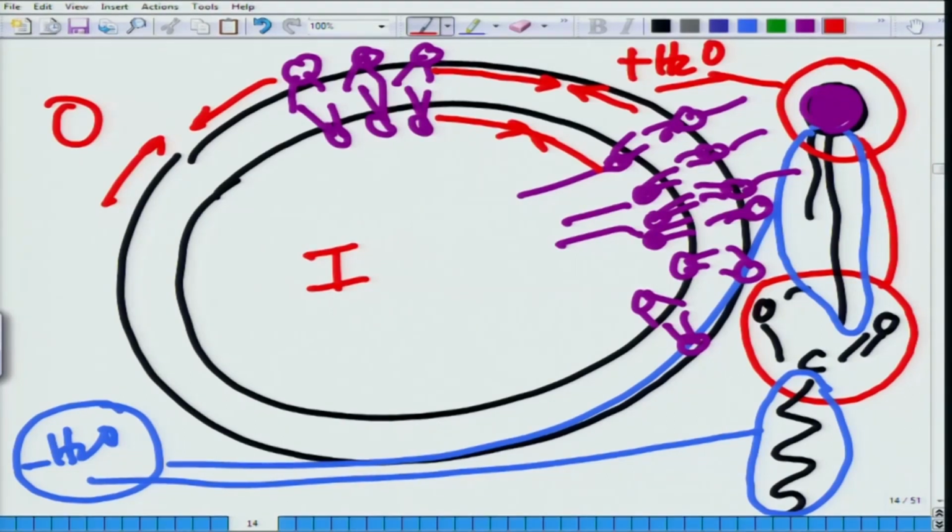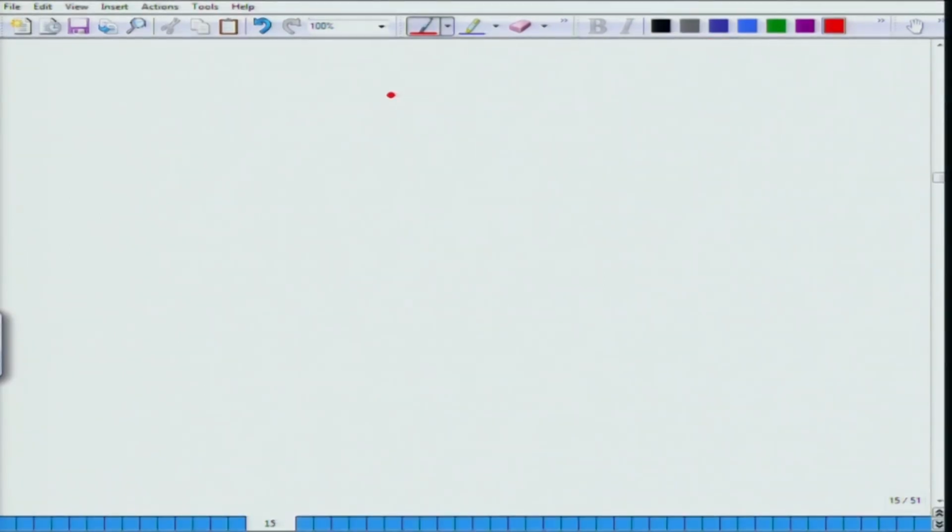But what cannot happen is that the one facing inside cannot flip to the outside. There cannot be a flip-flop movement. Let me draw it for you, that will make sense. This is part of the membrane I am drawing.